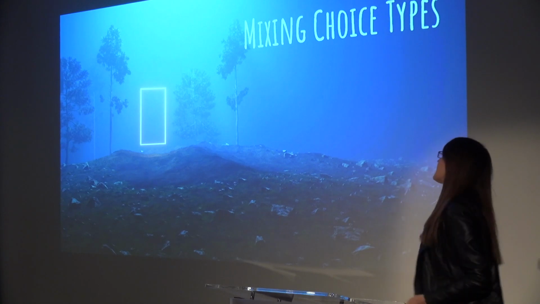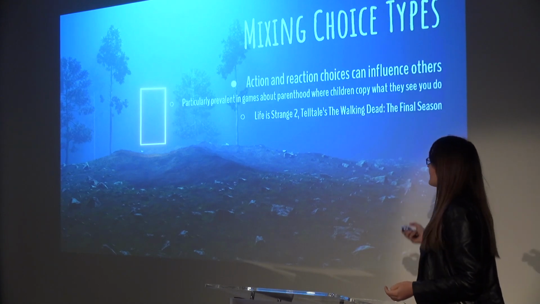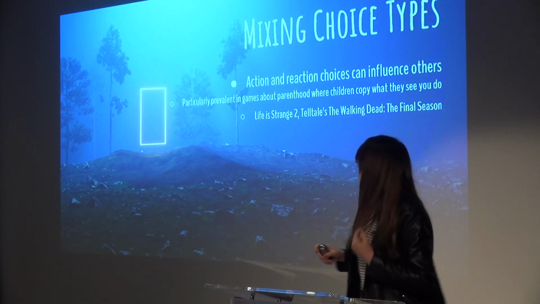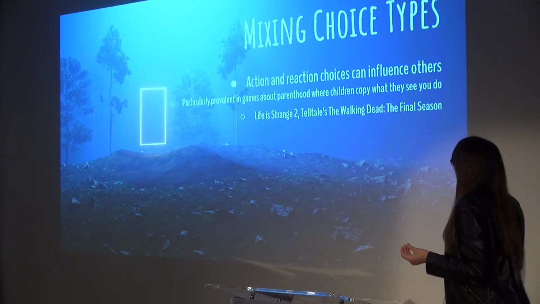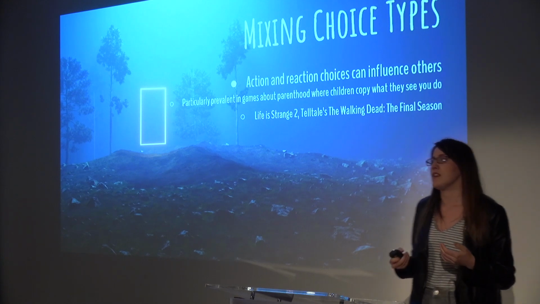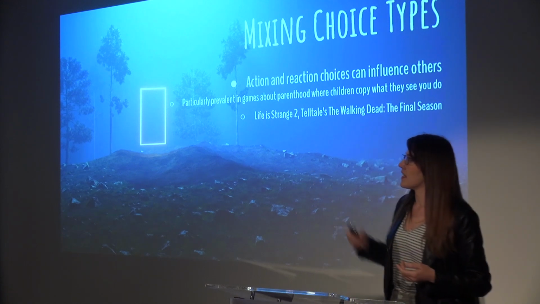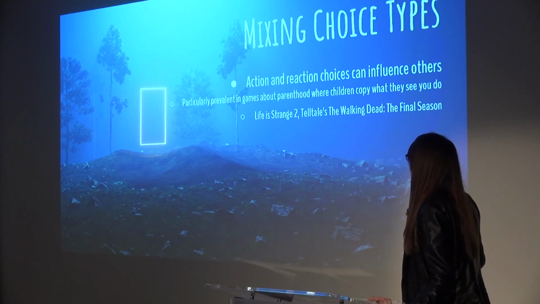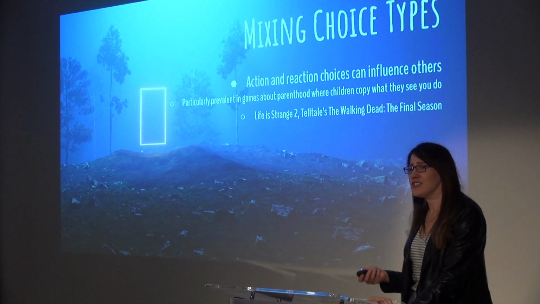So, mixing choice types. The great thing is that most choices don't fall into one category, they fall into several. You might find this in particular with influencing choices. You might decide on a course of action, and someone's like, oh, that's a good idea, actually, I'm going to do that myself. You see this a lot in games about parenthood.